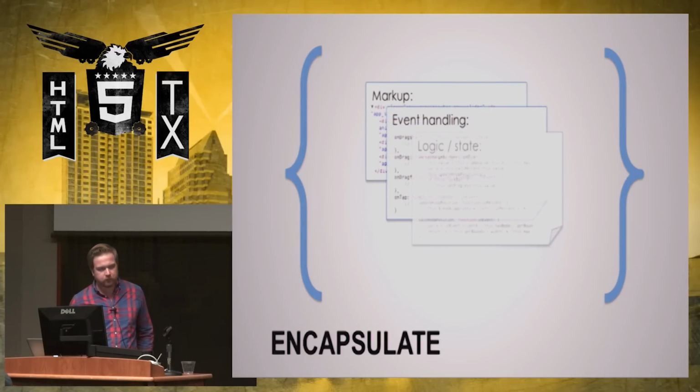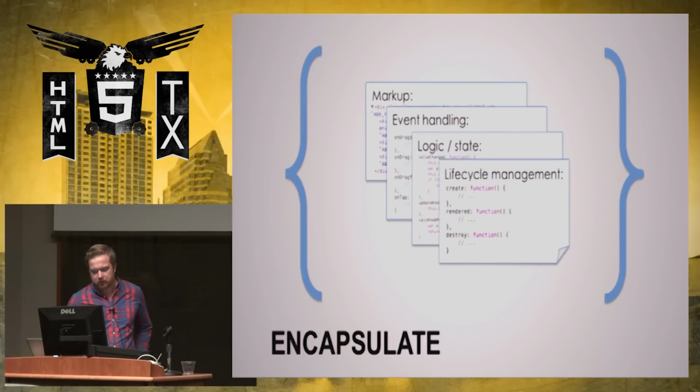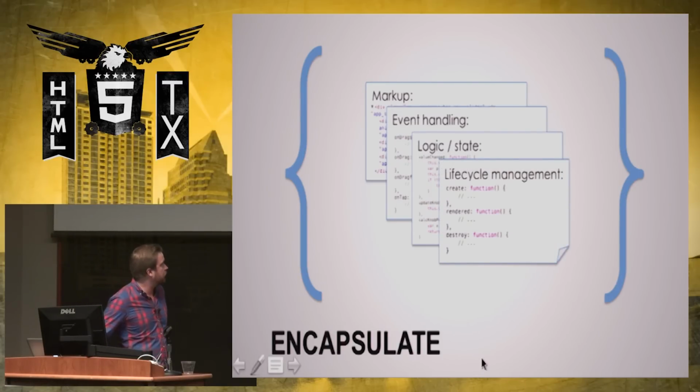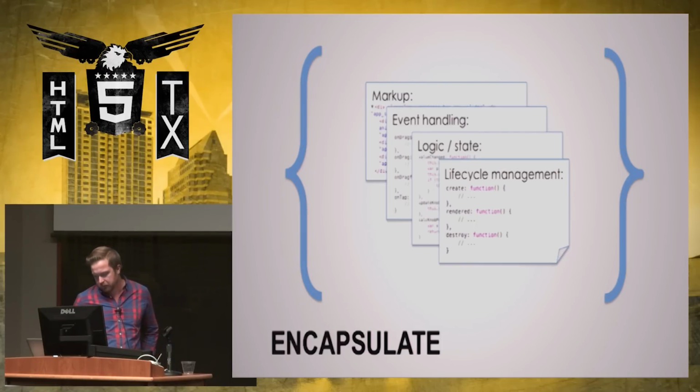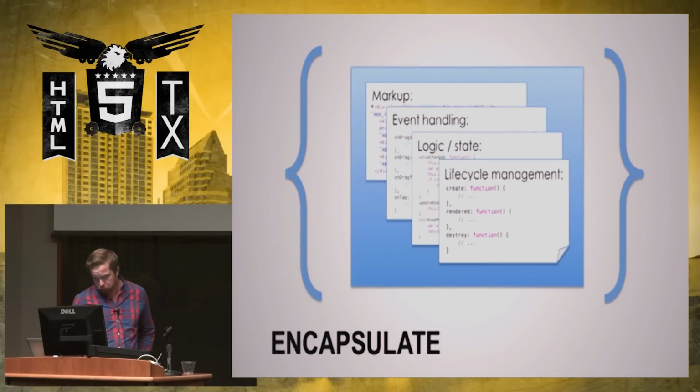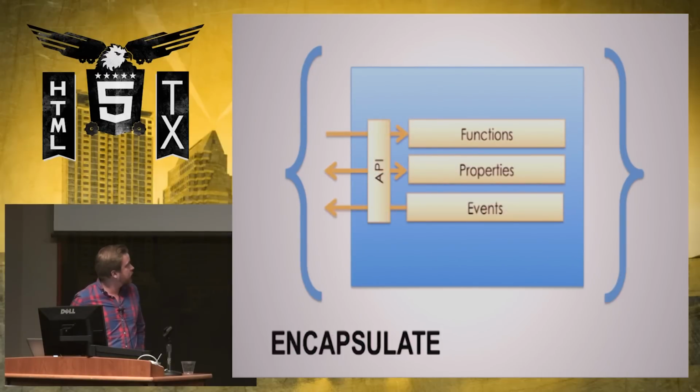It takes the markup, any event handling from the DOM, any of its logical state and lifecycle management with constructors and destructors and pre-post renders and things like that. You wrap that nice little box around it all, and then you just are able to expose a little bit of that API and mask everything underneath, the implementation detail.